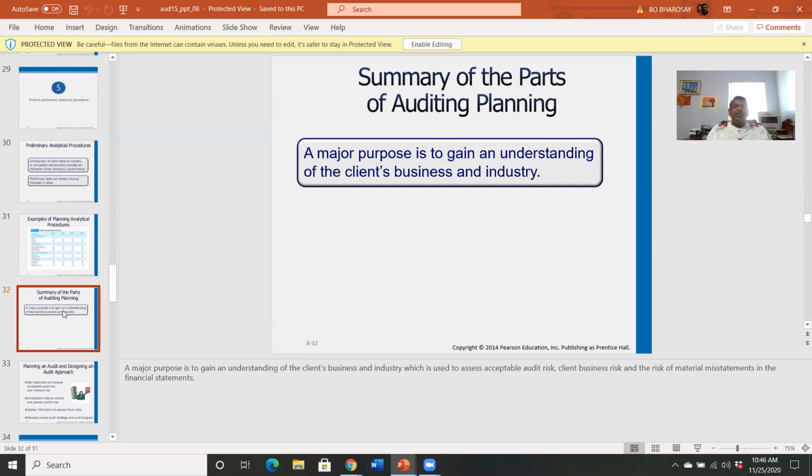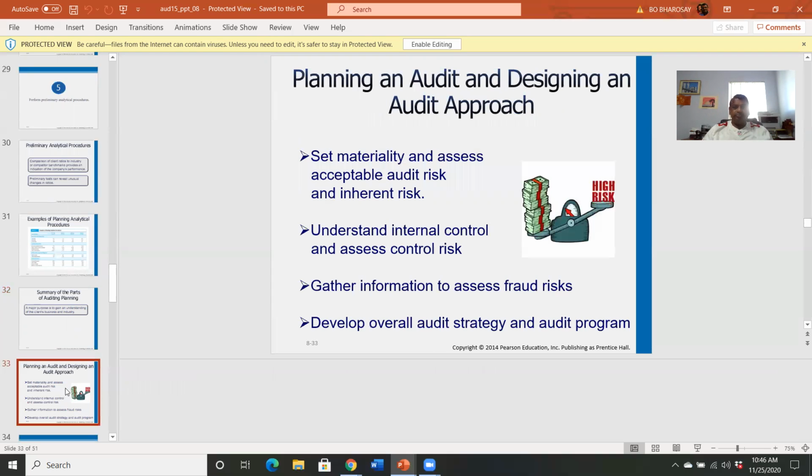Analytical procedures by themselves do not identify errors or irregularities. However, they point you to areas where there may be errors and irregularities. You need to follow up with other auditing tests to actually determine if there are errors or irregularities. And I will explain shortly what we mean.